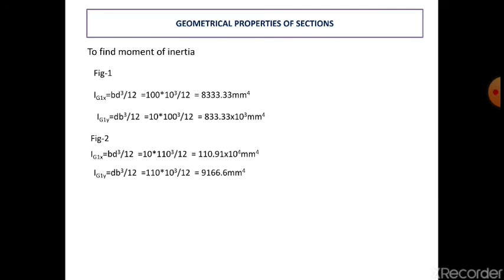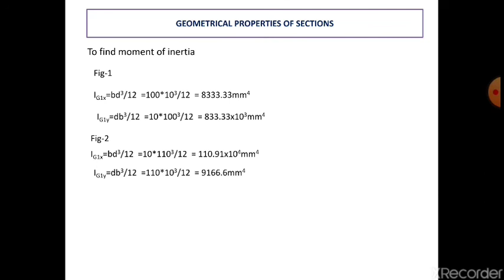So h square will be calculated using the center of gravity of that object from the axis, and we know the width of the object. So half the width of the object minus the center of gravity will give you the h, that is the central distance from that object to the axis.